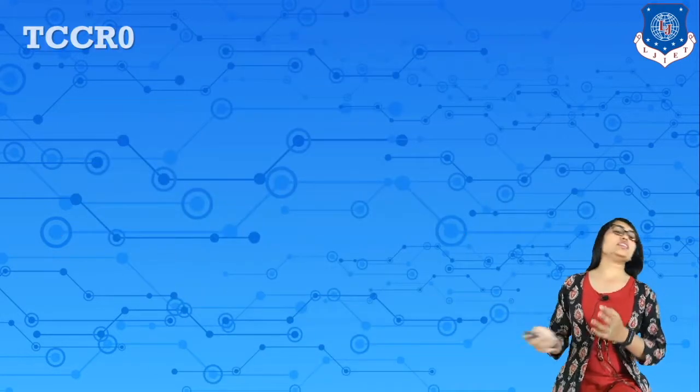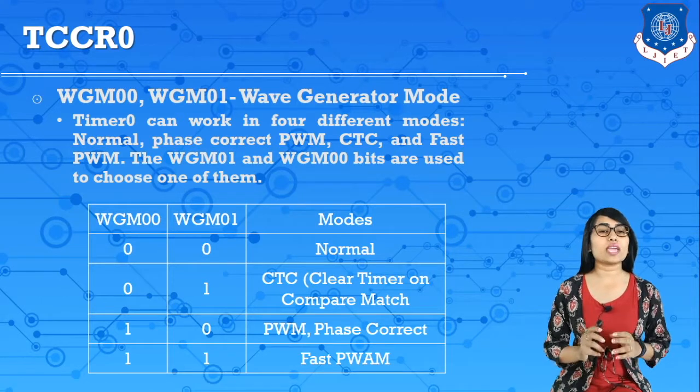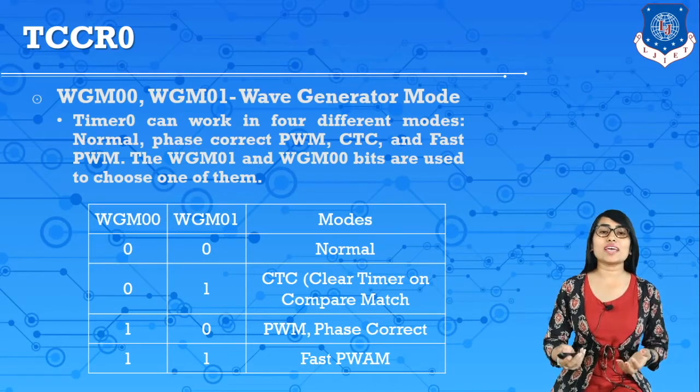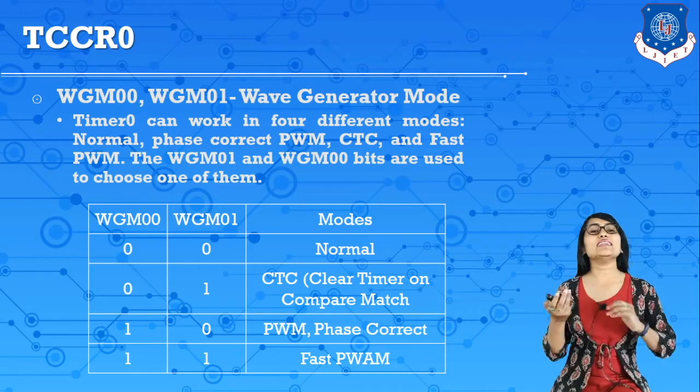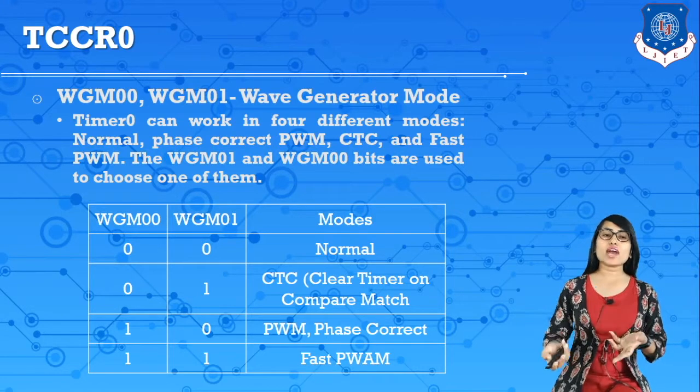Then next are WGM00 and WGM01. These are the wave generator modes. Timer 0 can work in 4 different modes: normal mode, phase correct PWM, that is pulse width modulation, then CTC mode, that is clear timer on compare match, then fast PWM.